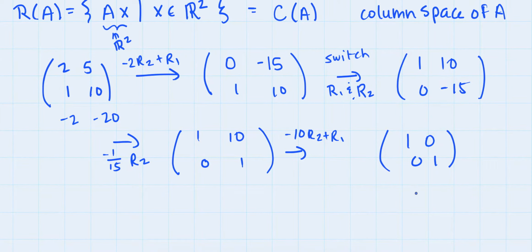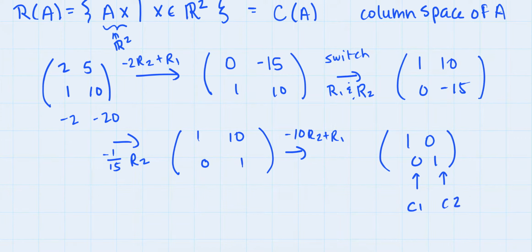Okay, remember that the columns that contain the pivots correspond to the vectors that are columns in the original matrix that form a basis for our column space. So this is column 1 and column 2.